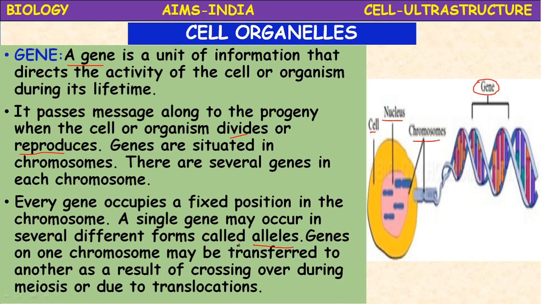The genes on one chromosome may be transferred to another as a result of crossing over during meiosis. Meiosis is one kind of cell division which we will study in the next higher class.